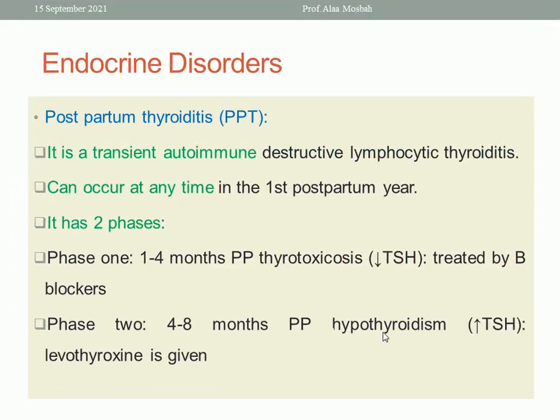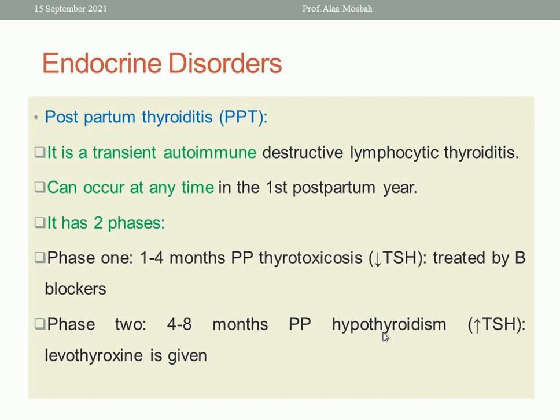Postpartum thyroiditis is a transient autoimmune disease. Destructive lymphocytic thyroiditis can occur at any time in the first postpartum year. It has two phases. Phase 1, from 1 to 4 months, there is postpartum thyrotoxicosis.